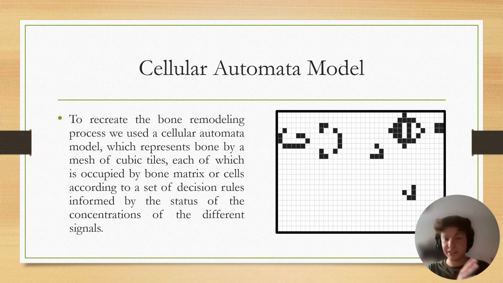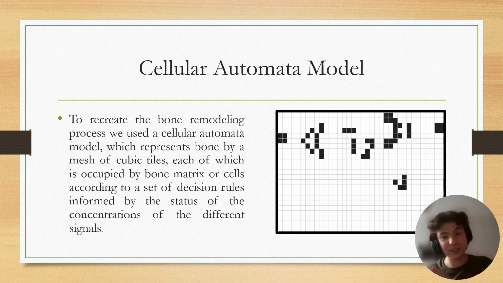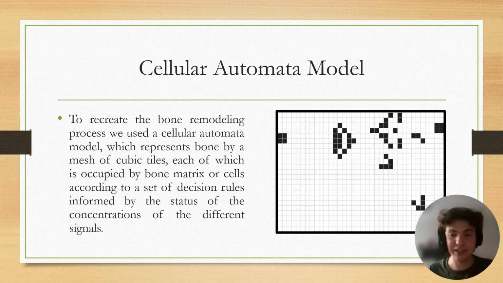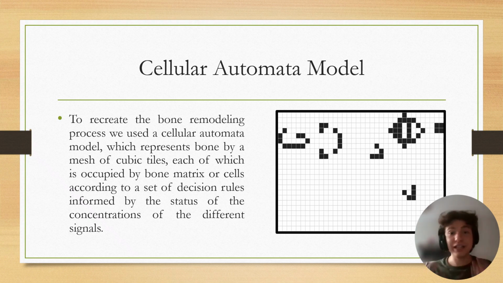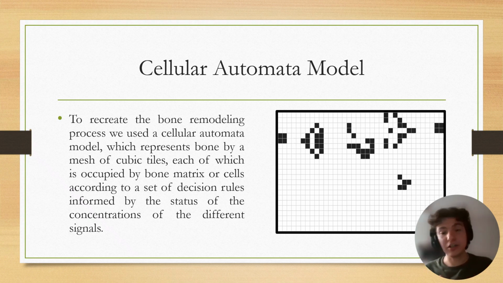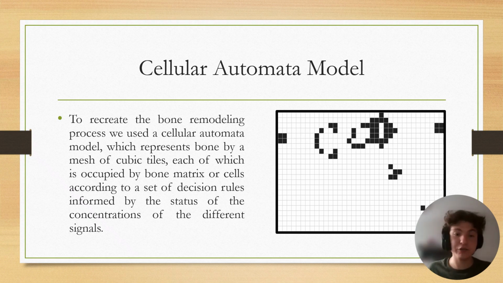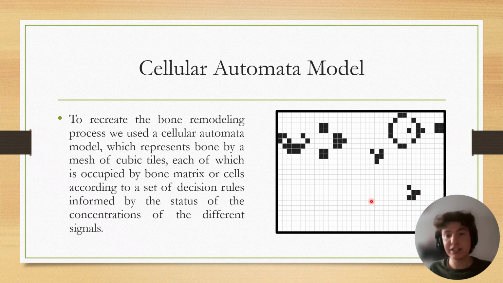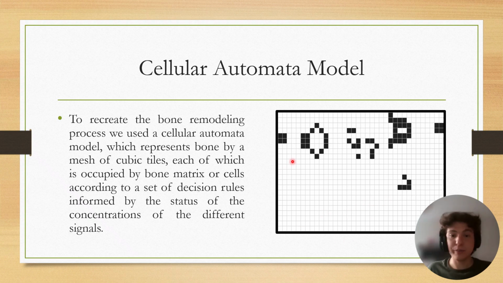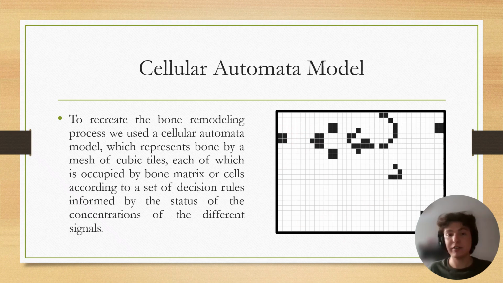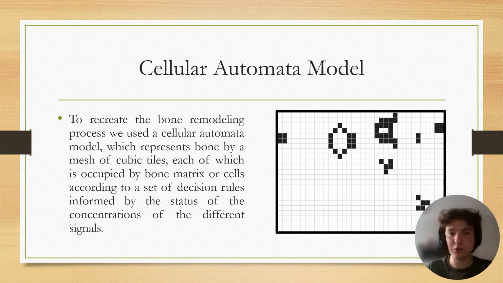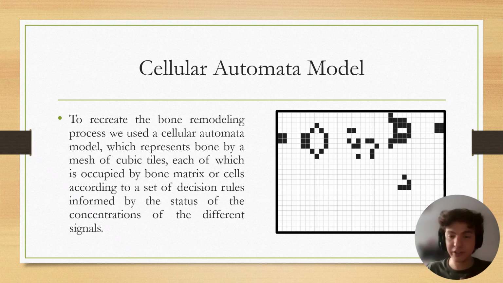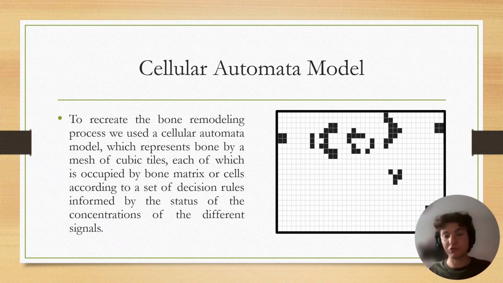Now that we have discussed the signals, let's now discuss how we mathematically model the different cells of the bone remodeling process. To recreate them, we use a cellular automata model, which consists in representing the bone by a mesh of cubic tiles, each of which can be occupied by bone or by the cells, depending on a set of decision rules, which are influenced by the different concentrations of the chemical signals surrounding the cells.